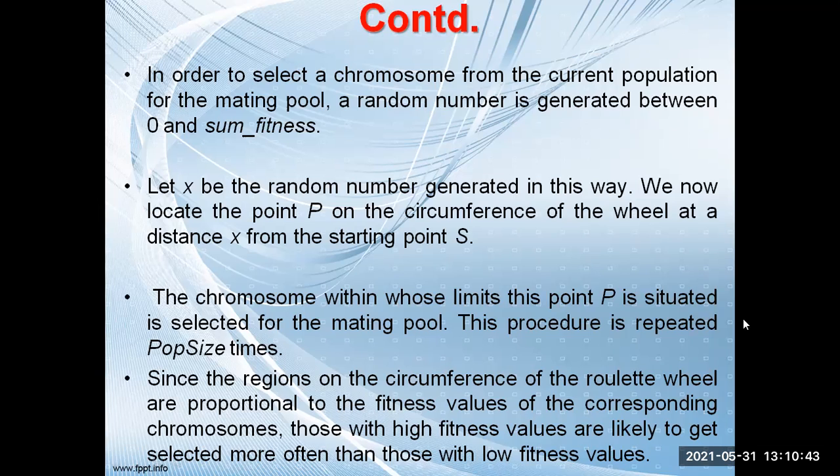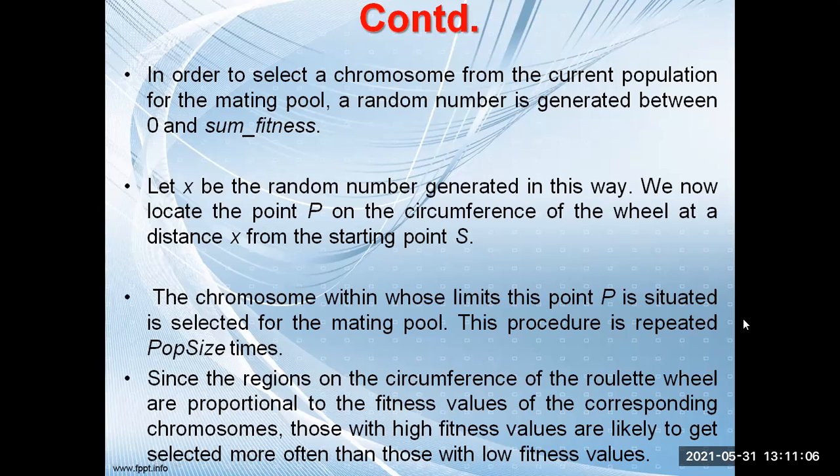So the chromosome within whose limits this point P is situated is selected for the mating pool. This procedure is repeated for the population size number of times. Since the regions on the circumference of the roulette wheel are proportional to the fitness values of the corresponding chromosomes, those with high fitness values are likely to get selected more often than those with low fitness values.